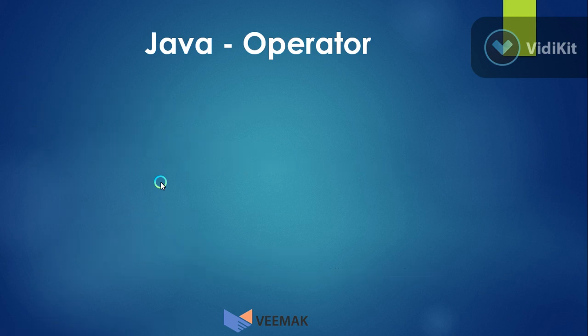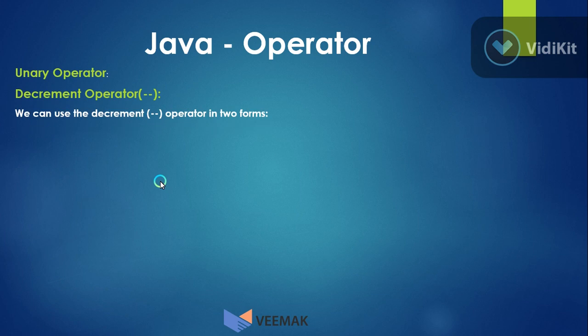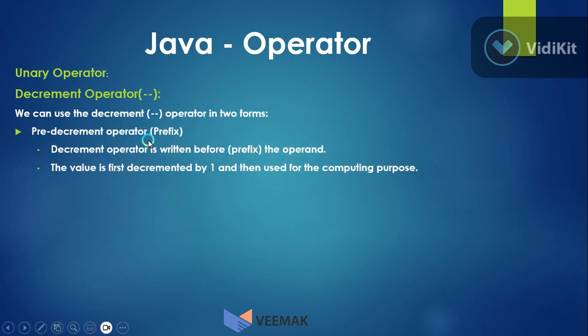Same as the decrement operator. We can use the decrement operator in two forms. They are pre-decrement operator and post-decrement operator. Pre-decrement operator is written before the operand. The value is first decremented by 1 and then used for the computing purpose.